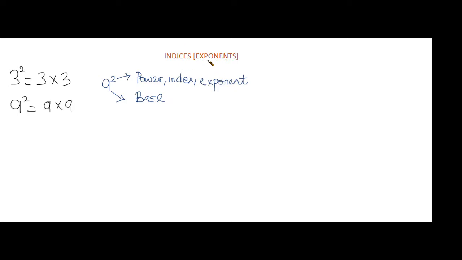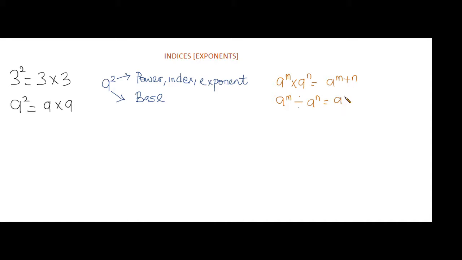Now, let me write the laws in a different color. These are the laws of indices. We have the addition law, whereby we have a raised to power of m multiplied by a raised to power of n, and this is equals to a raised to power of m plus n. A raised to power of m divided by a raised to power of n is the subtraction law.